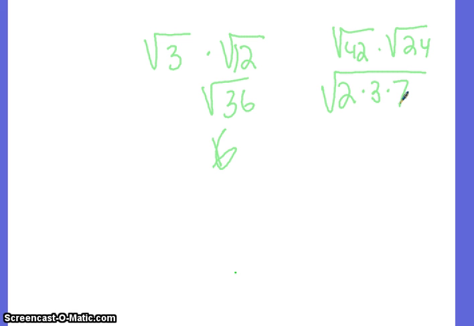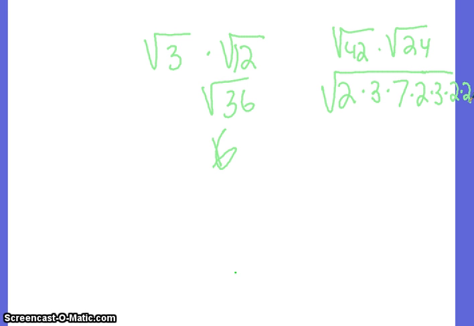Okay, what is 24? 24 is 6 times 4, and 6 is 2 times 3, and 4 is 2 times 2. How many 2's do you have there? 1, 2, 3.